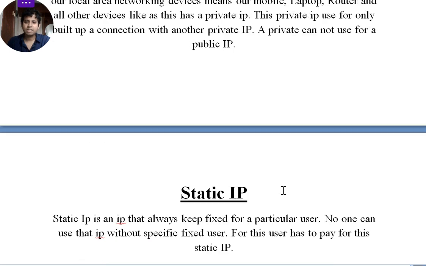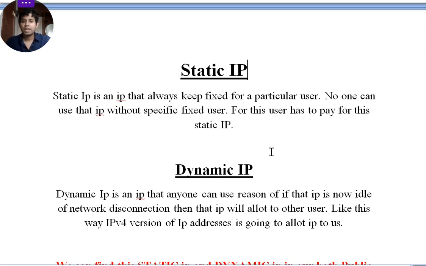So then what is a static IP? I told you before when I was discussing IP version 4 and IP version 6 that IP version 4 is available in our real life, but IP version 6 is now adopting new features and is still being developed. Only a few people are using IP version 6, and a massive number of IP addresses has already been booked with version 6.